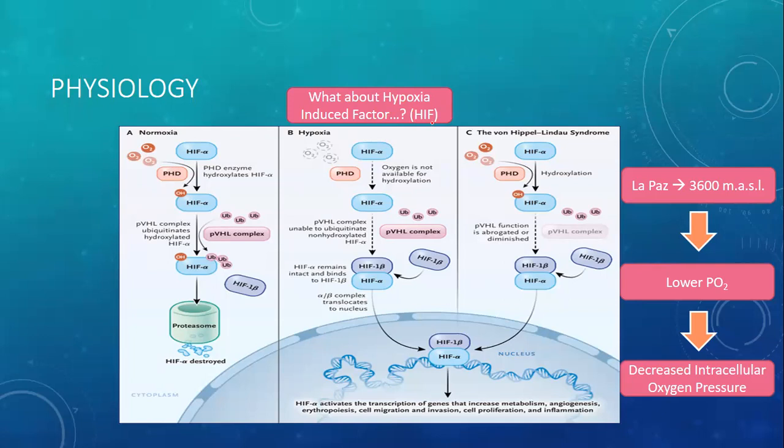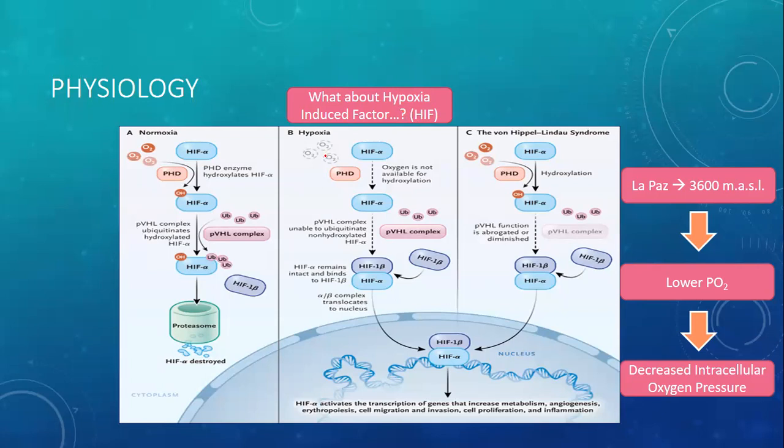The HIF molecule stands for hypoxia-induced factor. So what would that mean? This is a molecule that is induced by hypoxia. Hypoxia, for those who may not know, is a reduced concentration of oxygen.